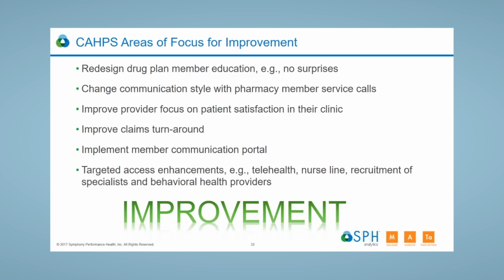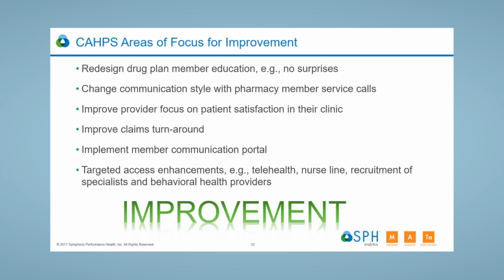We've focused on, as I mentioned, doing CAHPS surveys and trying to identify clinics and their overall satisfaction rate with their patients and how that may then attribute to the satisfaction of our plan. We've focused on claims turnaround time.